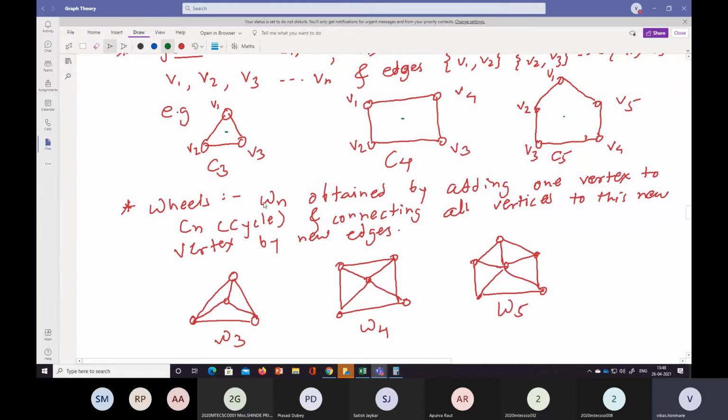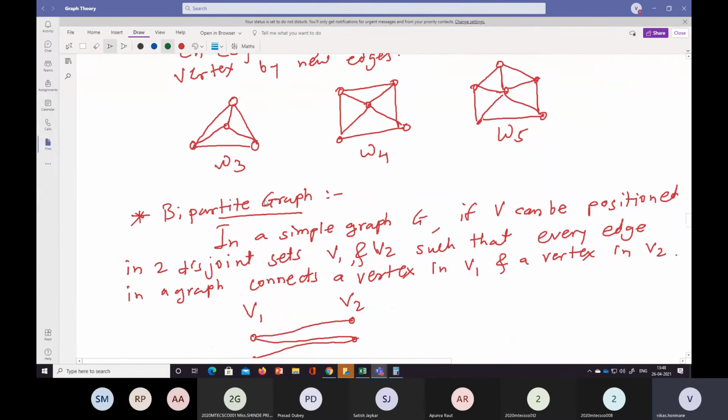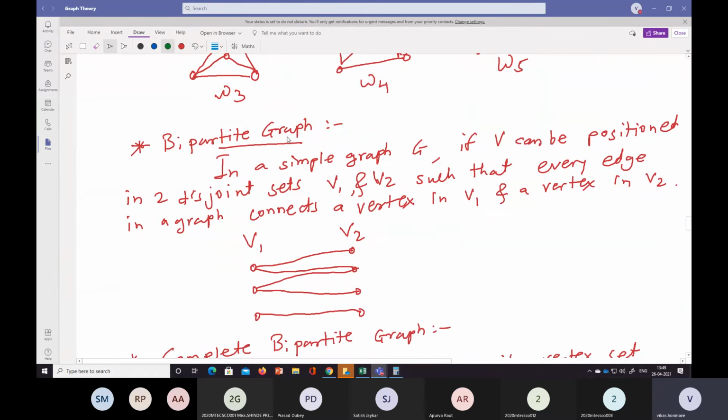After learning the concepts of complete graph, cycle and wheels, we have the concept of bipartite graph. So what is a bipartite graph? In a simple graph G, if V can be partitioned into two disjoint sets v1 and v2 such that every edge in the graph connects a vertex in v1 and a vertex in v2.